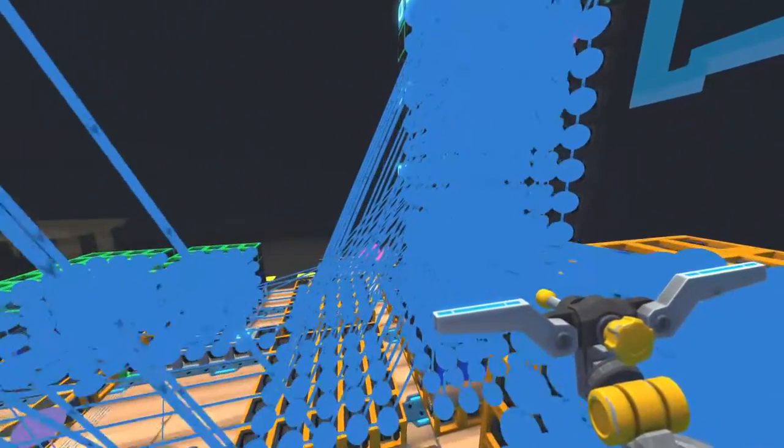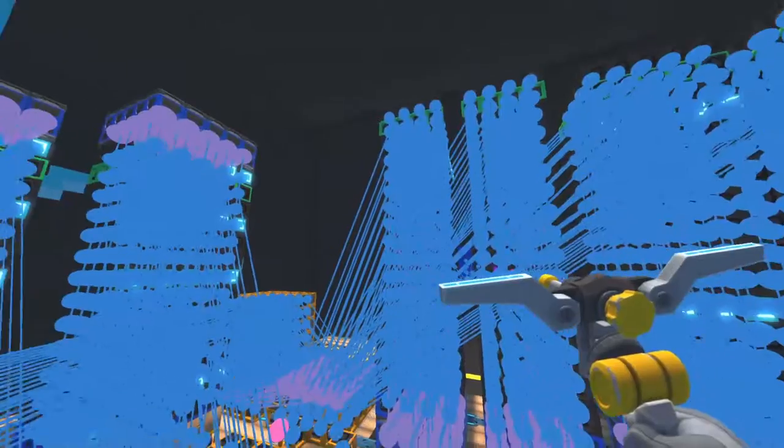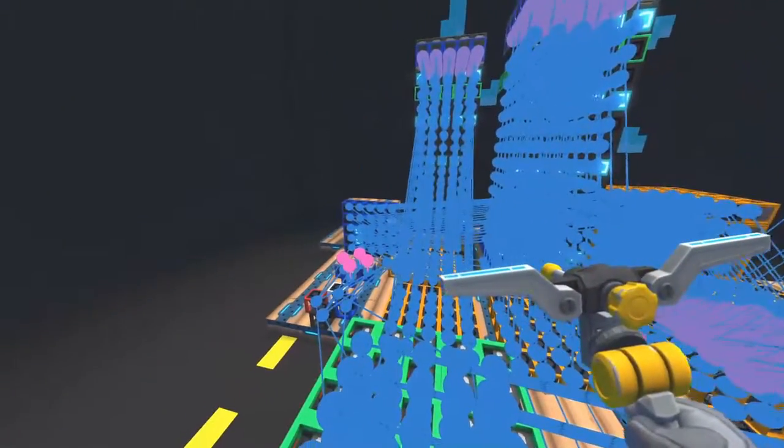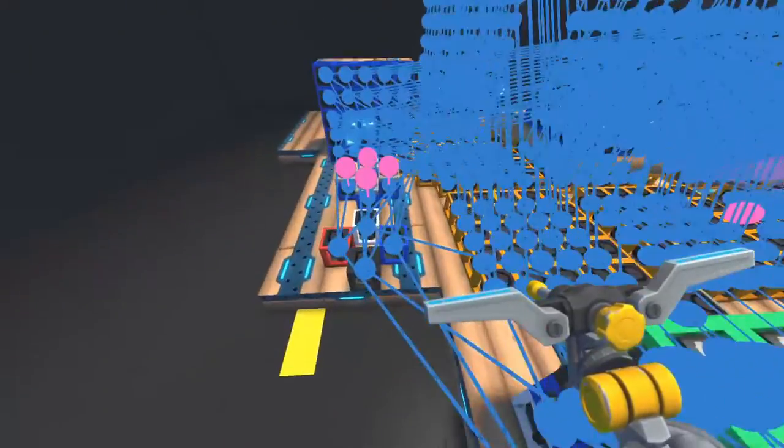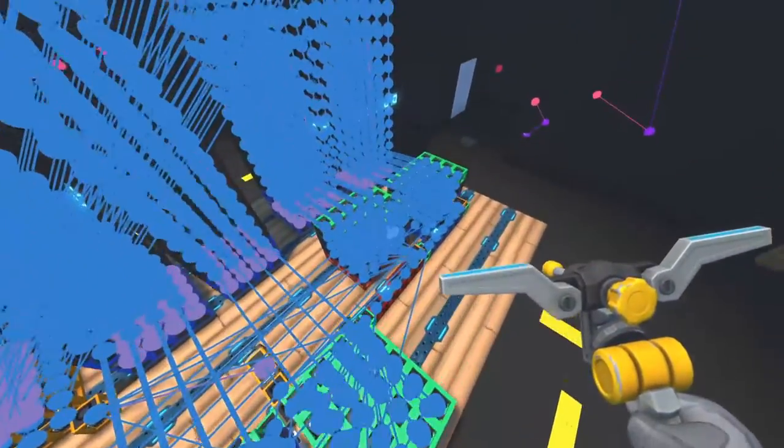Well, no. The concept of the bigger one, the one I showed you with the huge amount of logic gates, is very similar in concept to this much simpler movement concept.